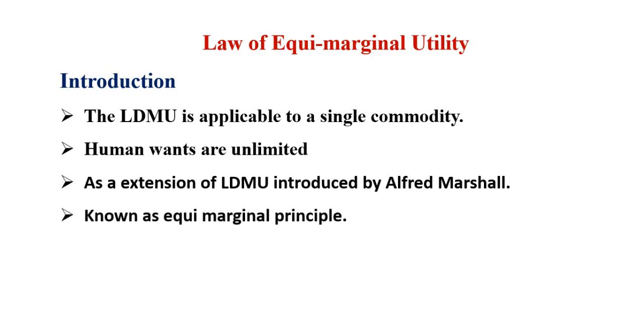This law is known as the equimarginal principle, law of indifference, the law of maximum satisfaction, and the law of substitution. It is known as Gossen's second law because it was introduced by H.H. Gossen also.